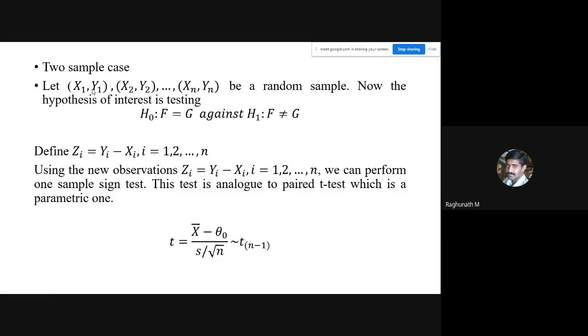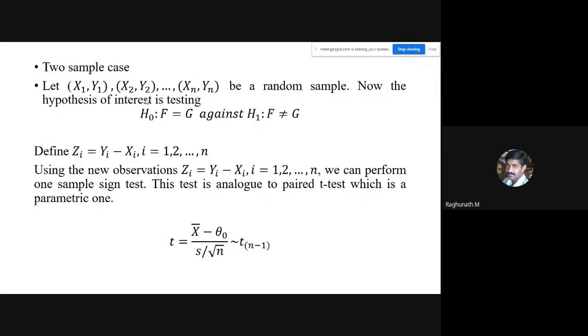Before taking the tablet, the person had high BP, and after taking the tablet, he might have a normal one. Then the effectiveness of the drug is going to be talked about. So here we have x1, y1, x2, y2, up to xn, yn. Both these measurements are taken on a single unit. That's why it is called bivariate.